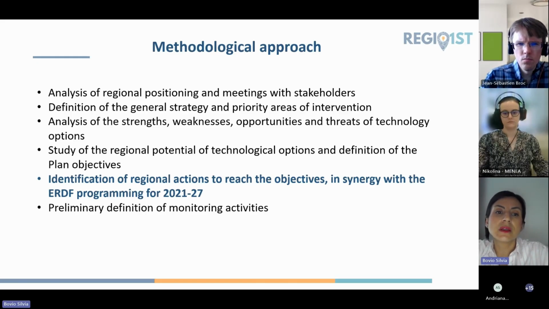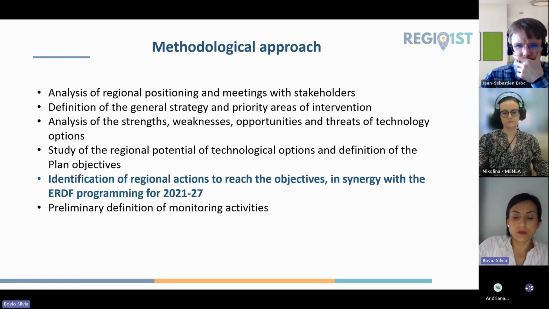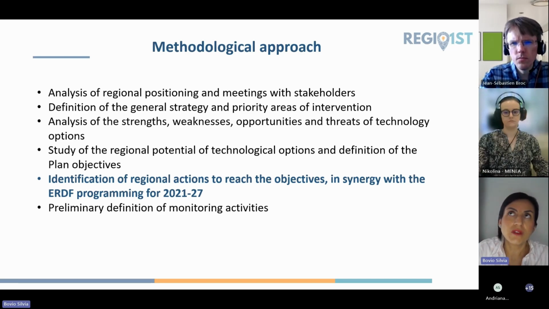We do SWOT analysis of the technological options, and also we run a study of the regional potential of technological options. And on the basis of this potential study, we define the plan objectives.